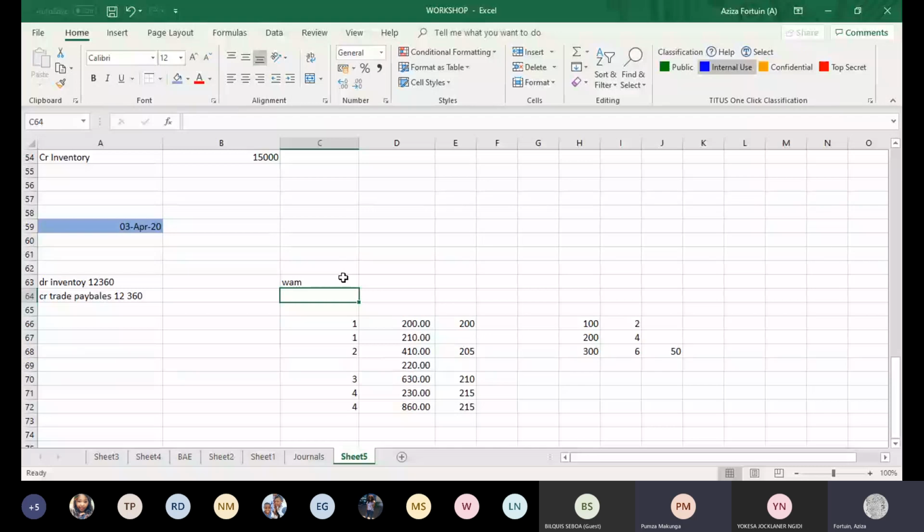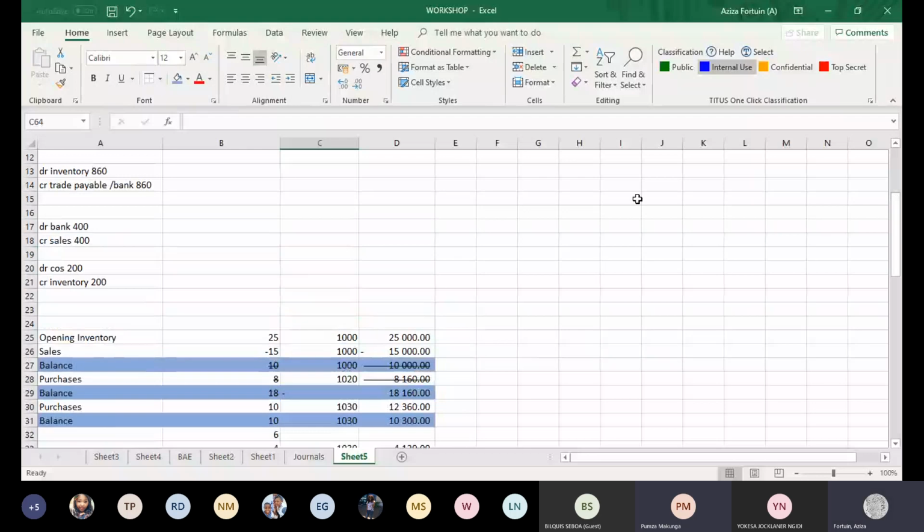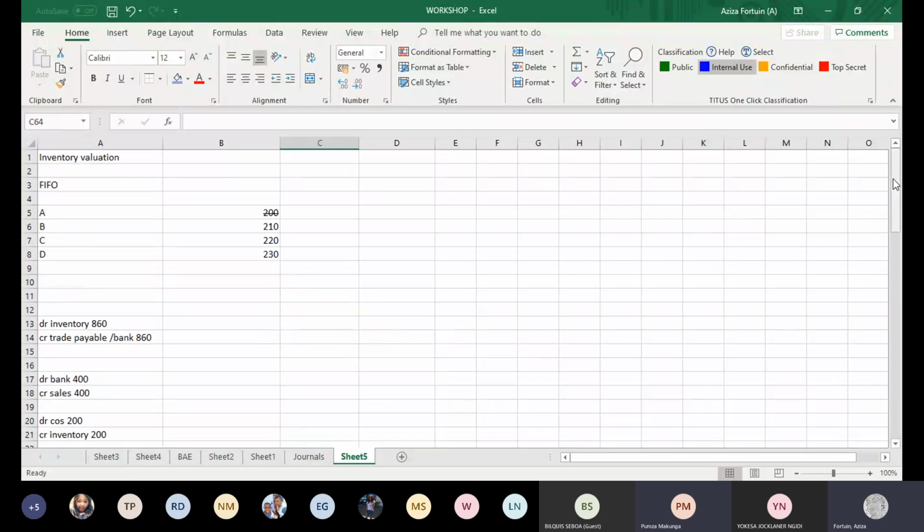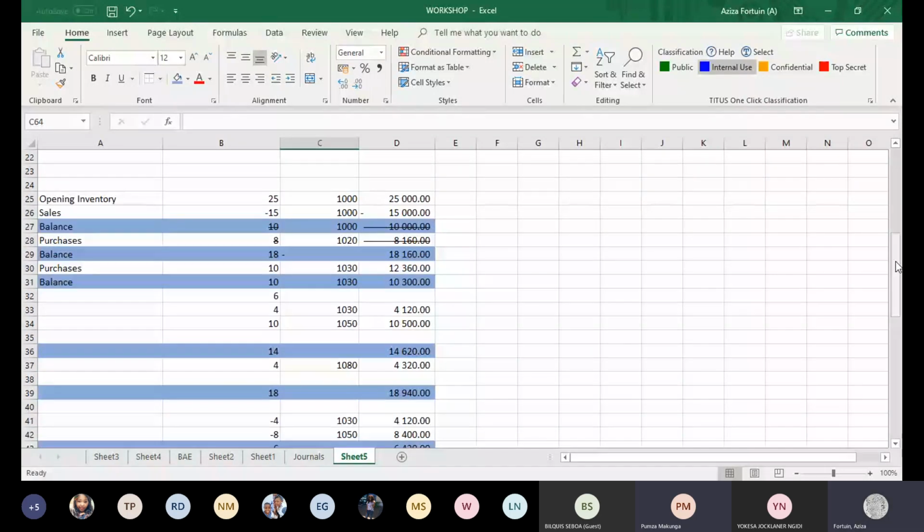Which example are you talking about? The first one on page 116. Okay, yes.